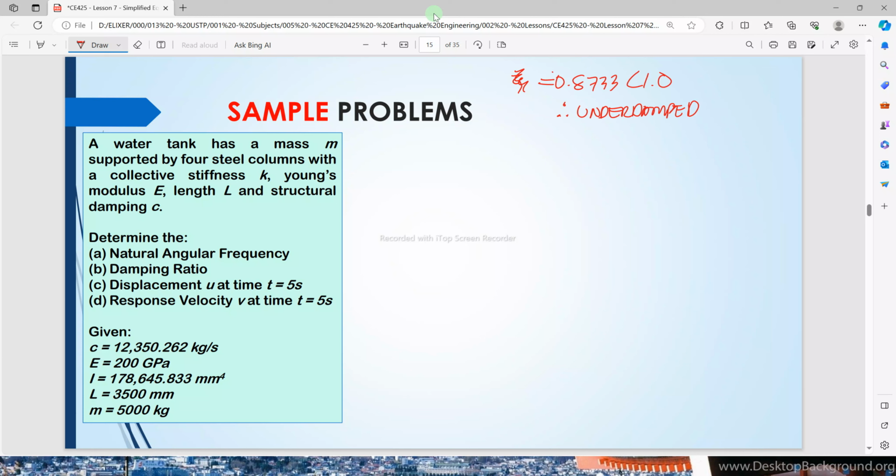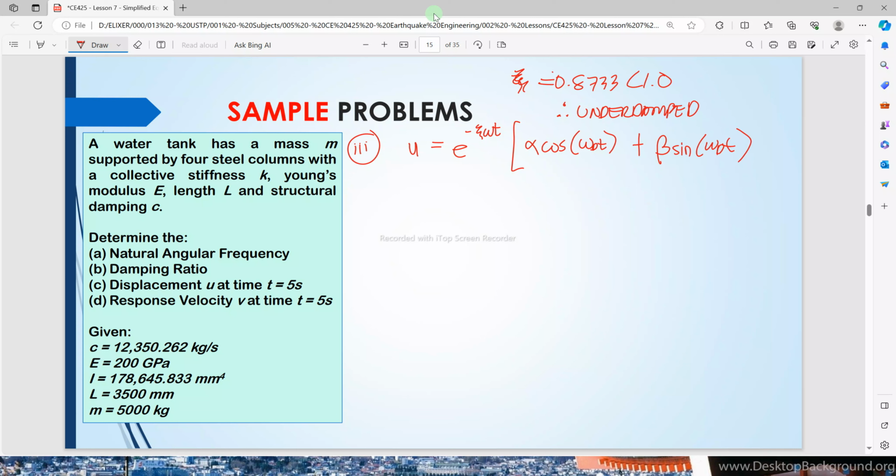Since the system is underdamped, the equation of motion we will use for U is e to the negative psi omega t times alpha cosine omega dt plus beta sine omega dt.